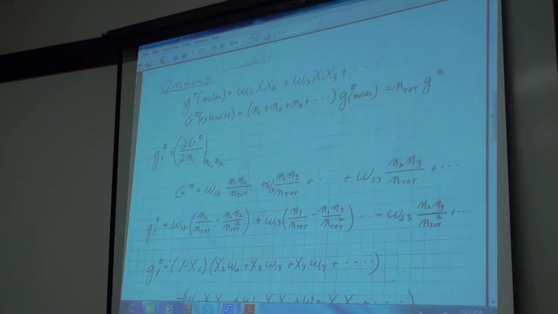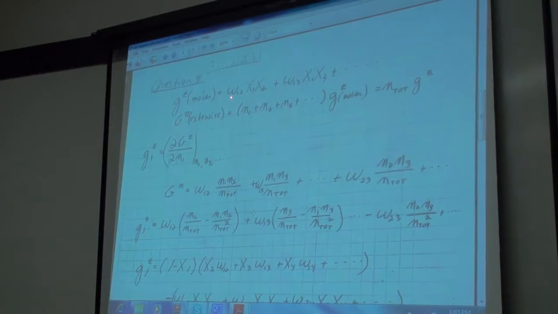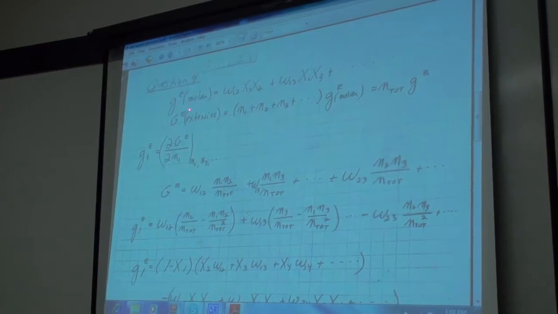Anyway, this is the safest way to do it. Your G, this is your molar little g, excess molar Gibbs energy. This is per mole of solution. So the extensive big G is the total number of moles times the molar energy. Don't forget that. Big G is joules, little g is joules per mole. It is the total number of moles times the molar Gibbs energy. You have to do this.